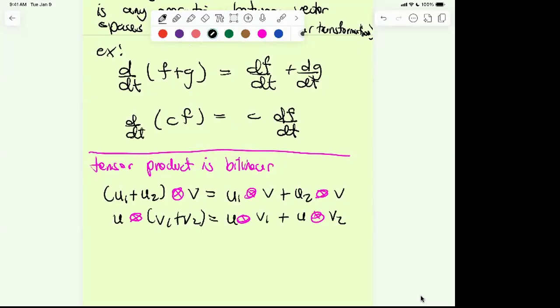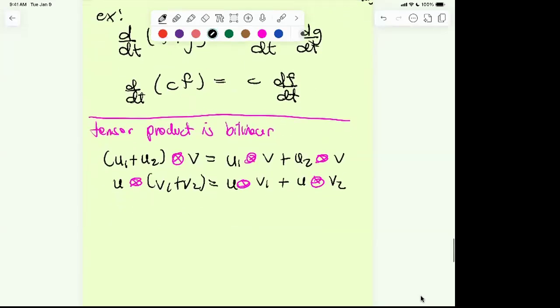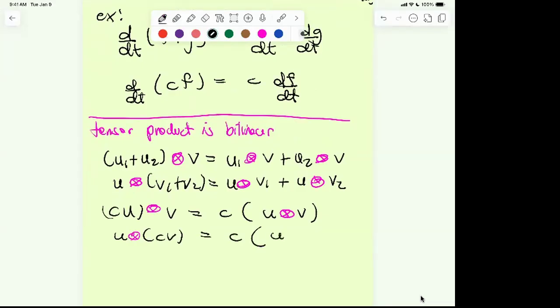And the same goes with scalar multiplication. If you rescale one of the factors by a constant, so if you do (CU) tensor V, that is the same as C times (U tensor V). And it doesn't matter where you put the scalar: U tensor (CV) is the same as C times (U tensor V).